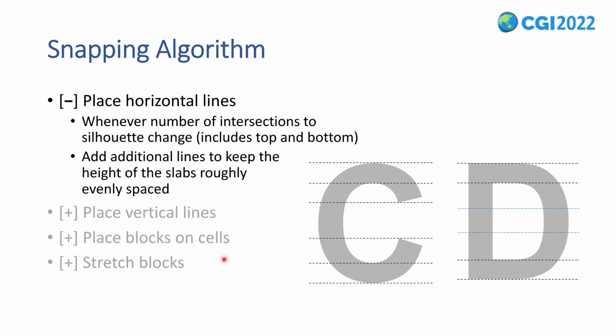Our method essentially places a rectilinear grid on top of the letters. Firstly, we place horizontal lines whenever the number of intersections with the silhouette changes. So the number of intersections changes from 0 to 2 across this line, and changes from 2 to 4, 4 back to 2, and so on.